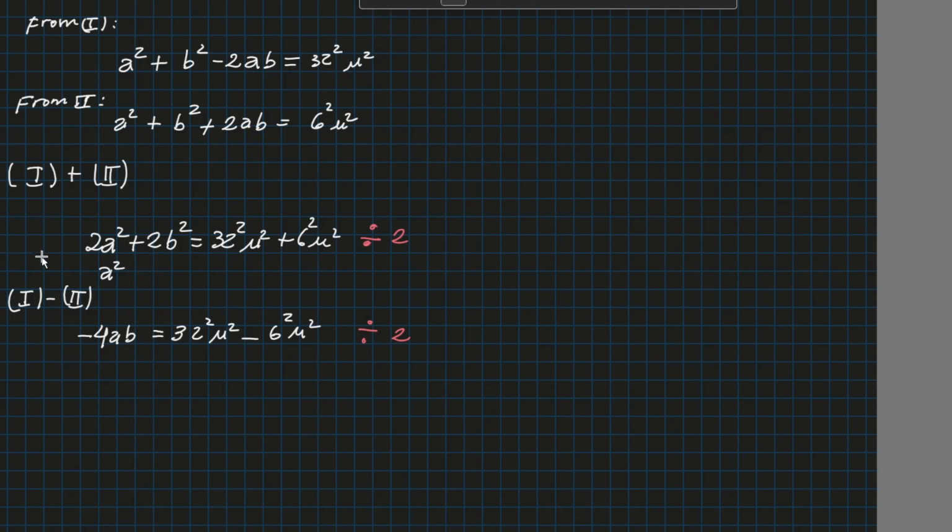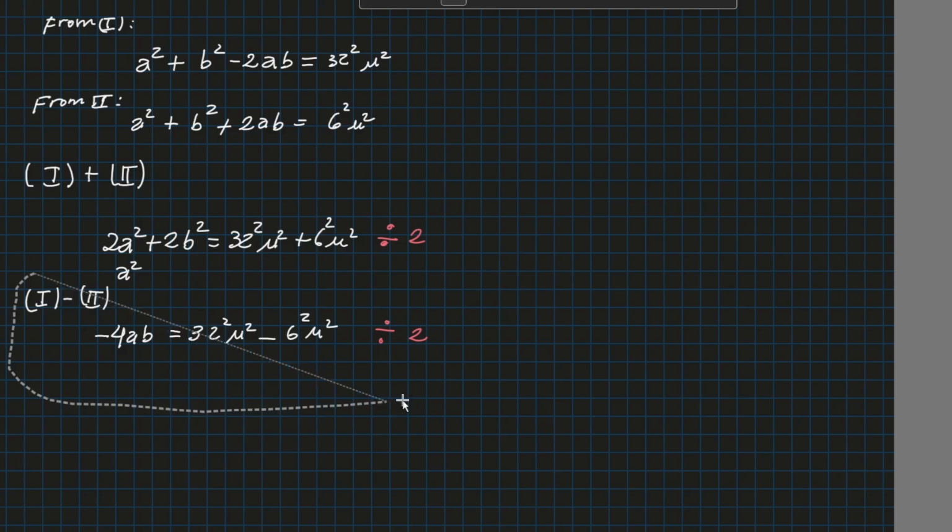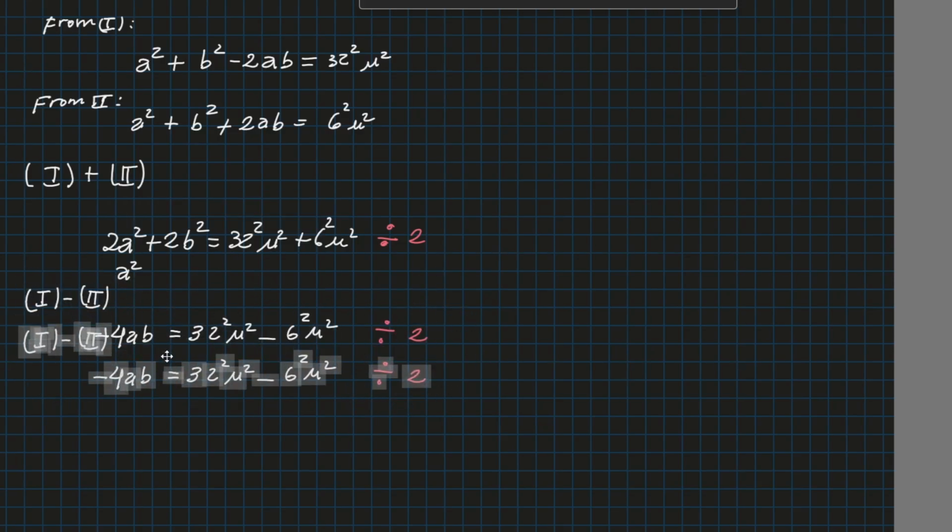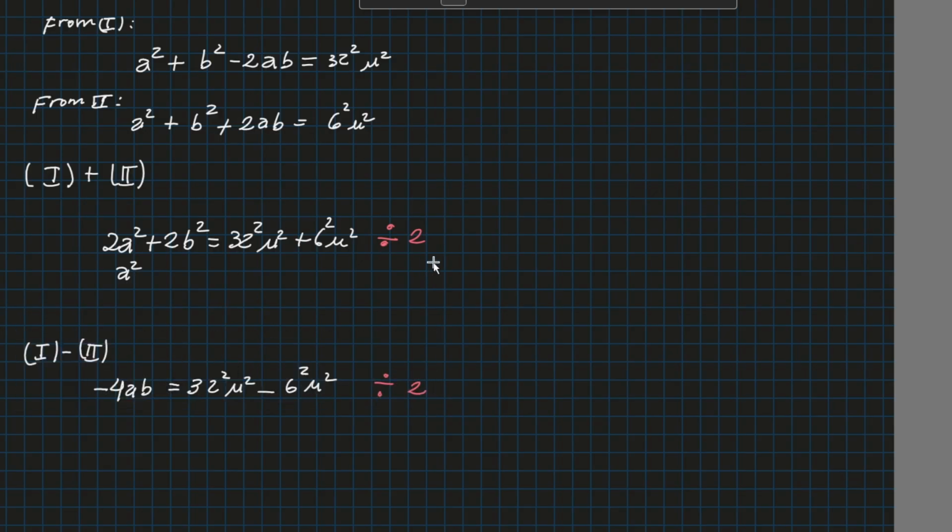Let's move this a bit lower. Okay, so a squared plus b squared equals to 32 square units minus 6 units squared divided by 2.